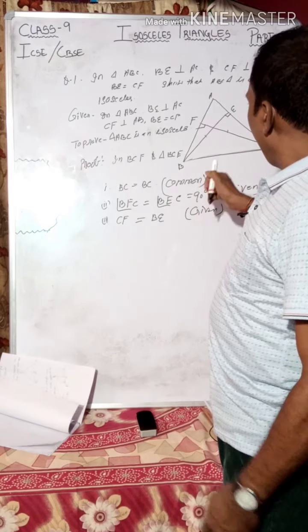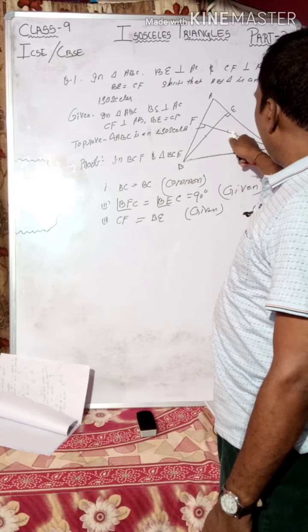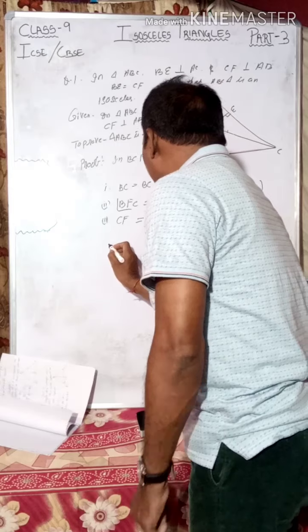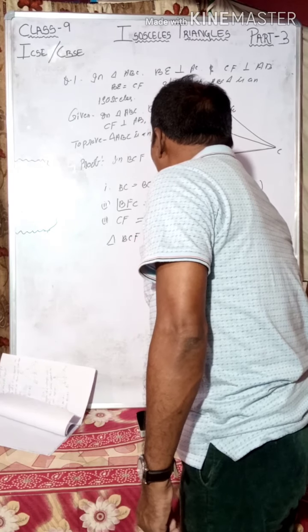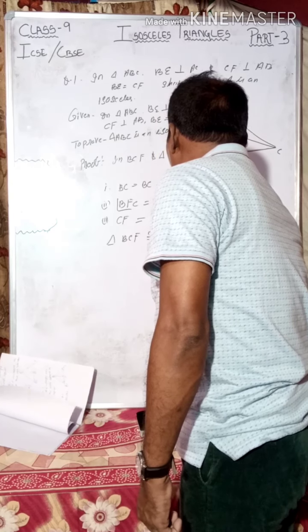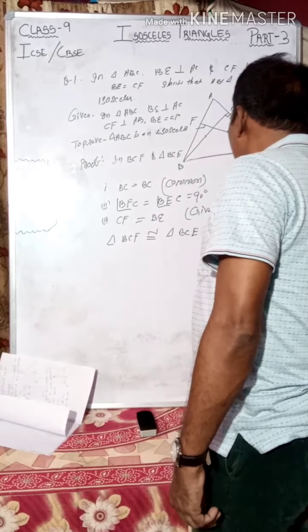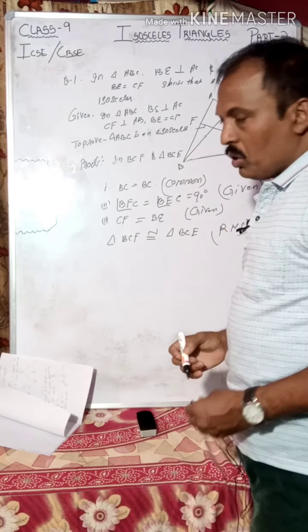So look, right angle, hypotenuse, side: RHS. So the two triangles are congruent. Triangle BCF is congruent to triangle BCE. This is RHS.